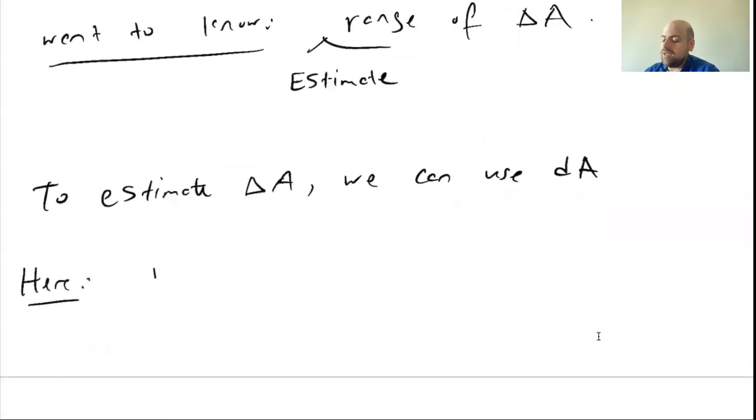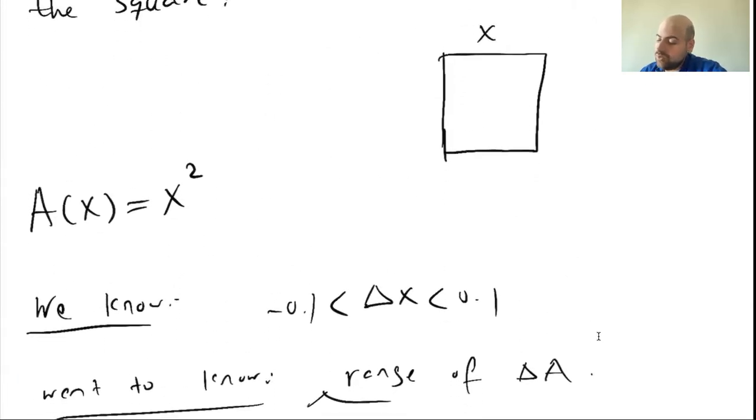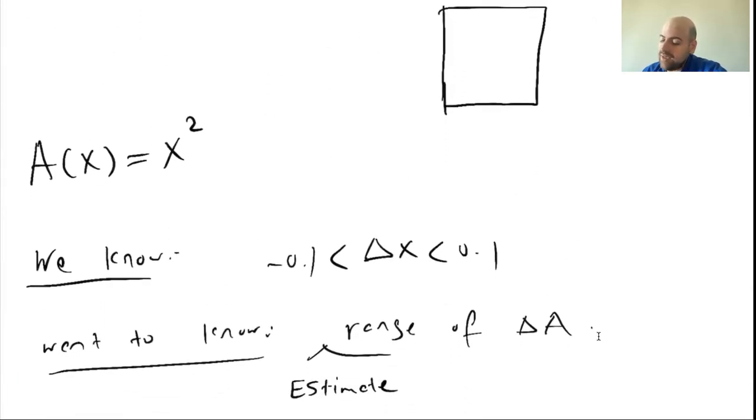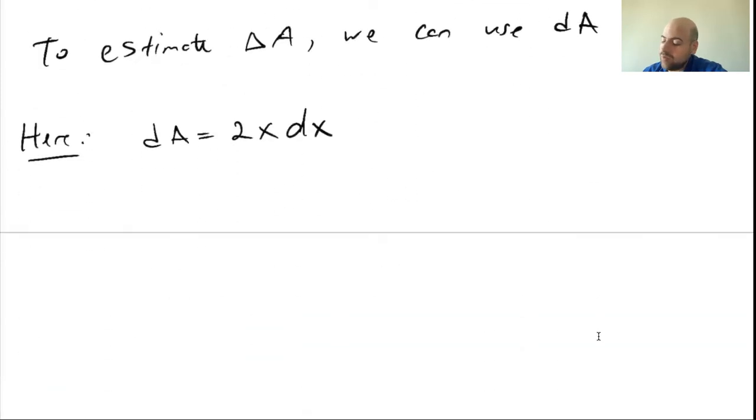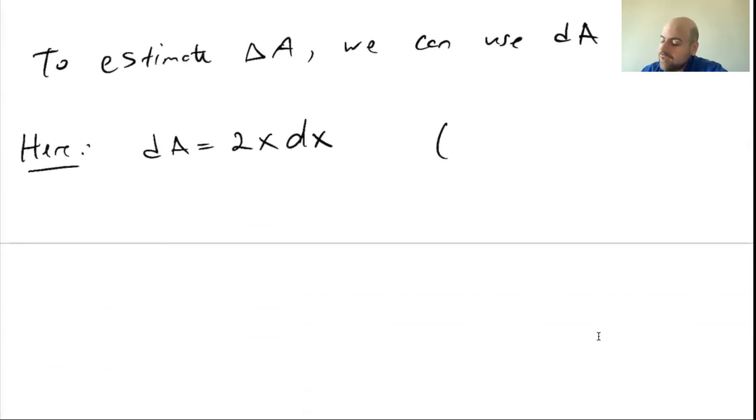So here dA is equal to 2x dx, because A is x squared. What is the formula that I use here? dy is equal to f prime of x dx. So here, instead of y, I have A, and my f of x is x squared. So f prime of x will be 2x. 2x dx will be dA.